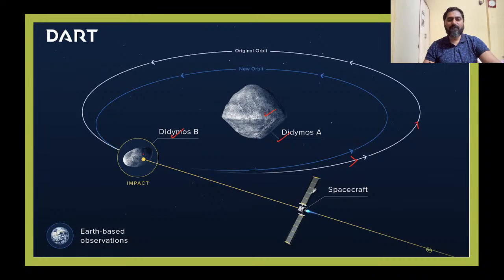And what we have done is taken a spacecraft and flown it into the smaller asteroid. It has made an impact, it has collided with the smaller asteroid, and because of that its orbit has seen some deviation. So we have been able to deflect it. So this was the experiment.